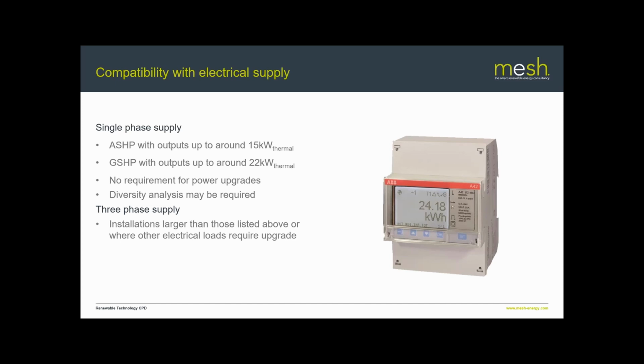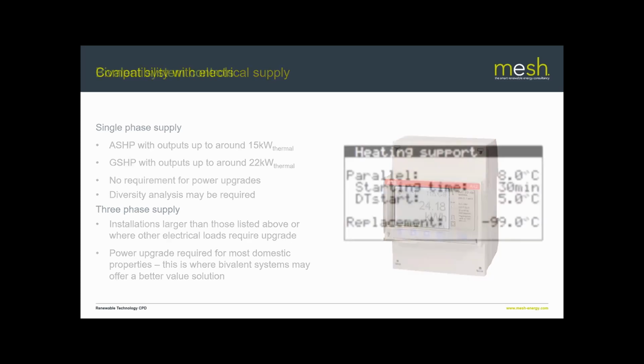So they vary by a huge amount. And obviously, if you're getting a very, very high cost of upgrade, then that's where a bivalent system may be a really good solution. Most domestic properties in the UK have a single phase supply as standard. So if you do need to upgrade to three phase, then there will be a cost associated with that.